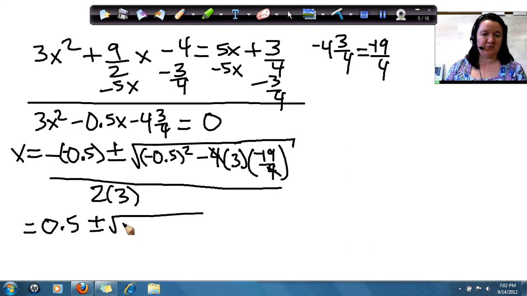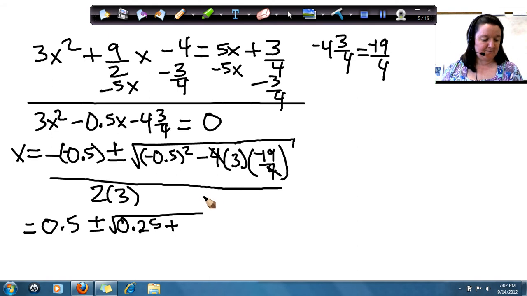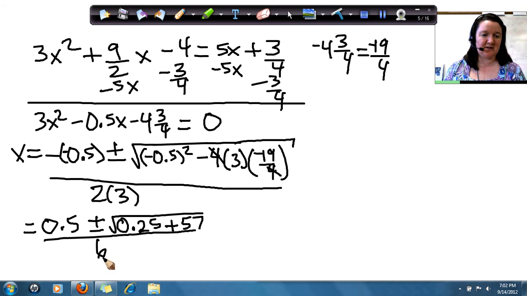It's going to give us 0.25. And here we are going to add, because we're taking a negative times a negative, and we're multiplying the 3 times the 19, 57. That's all over 6.